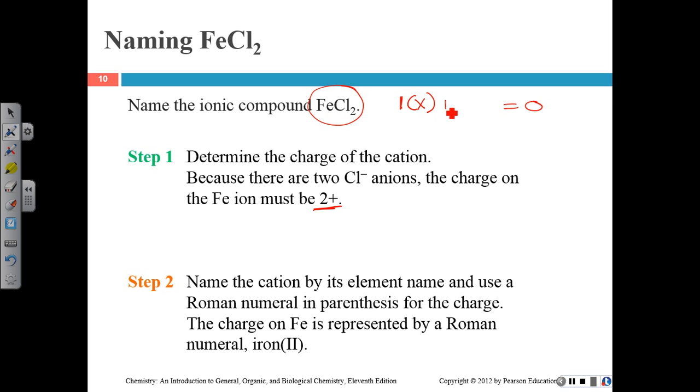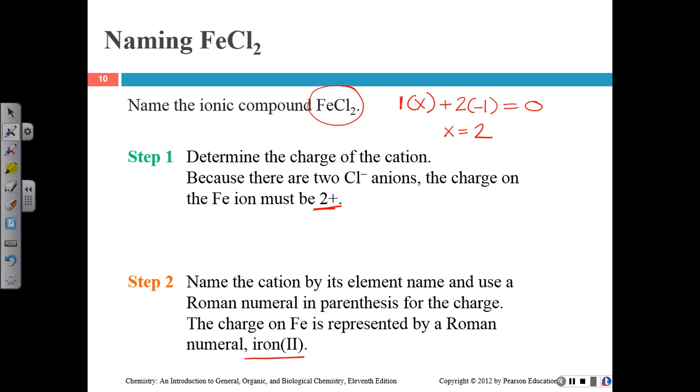Then we have 2 chlorine atoms. And what's the oxidation state of chlorine always? It's a halogen, so it's -1, not just 1. You've got to be sure that's negative. So X has to be what? 2. 1 times 2 is 2, minus 2 equals 0. Then we say Fe is iron. We look at our periodic table, and surely we can all spell iron, but there it is.